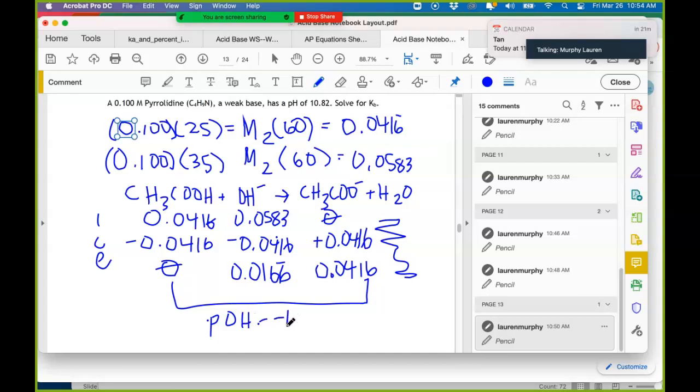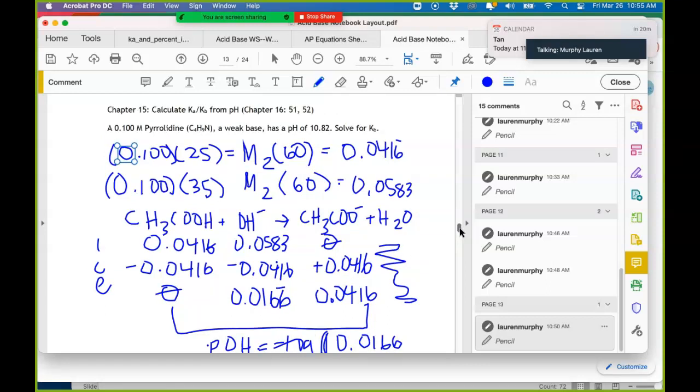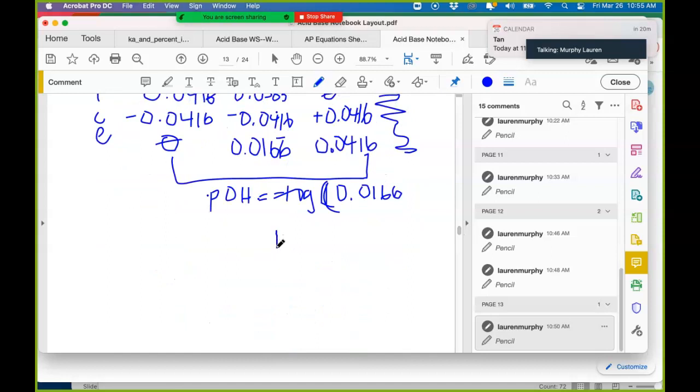pOH is the opposite of the log of OH. Wow. And you get a pOH of like 1.778. So the pH is just 14 minus that number.